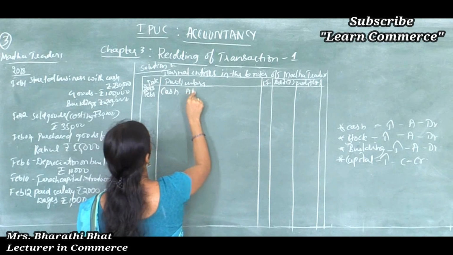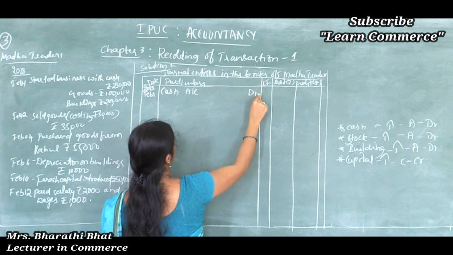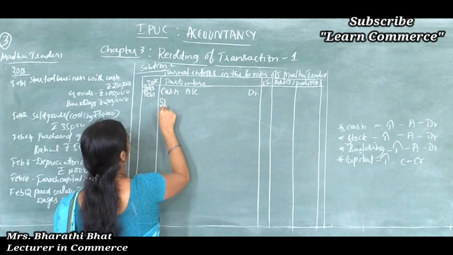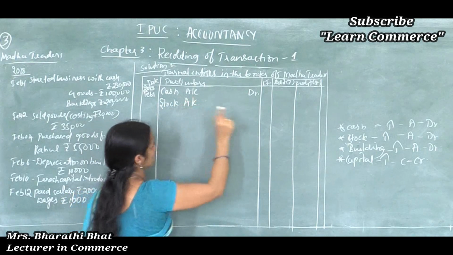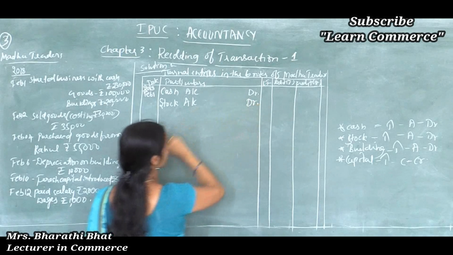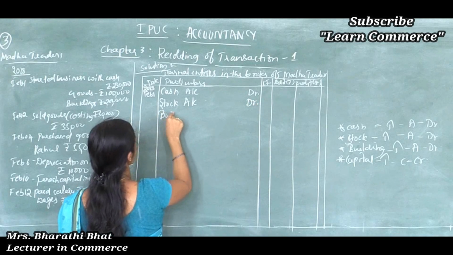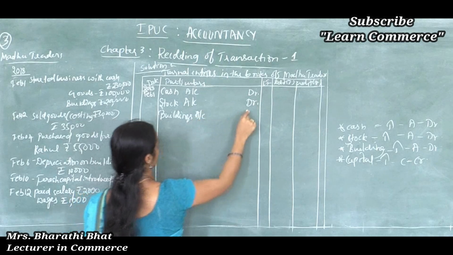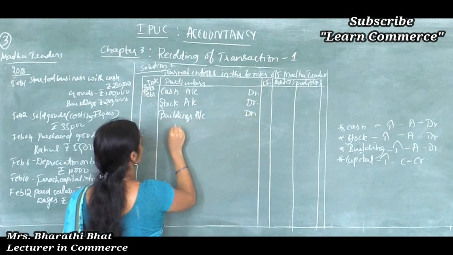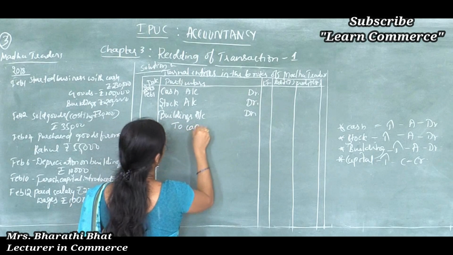So cash account debited, stock account debited, here goods is considered as stock, buildings account debited, to capital account.